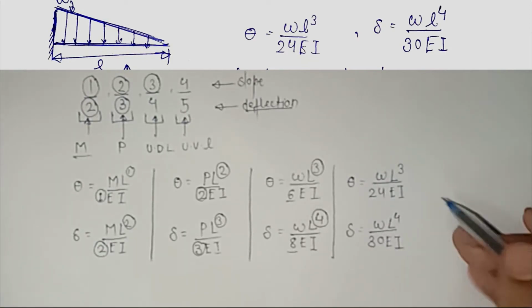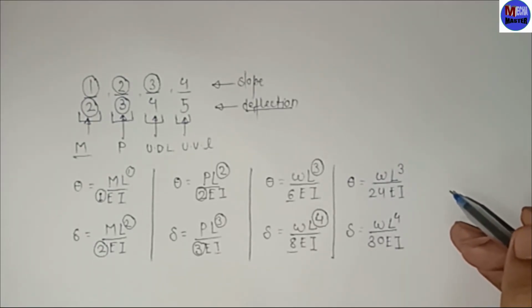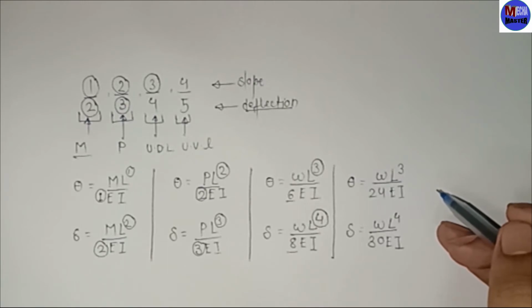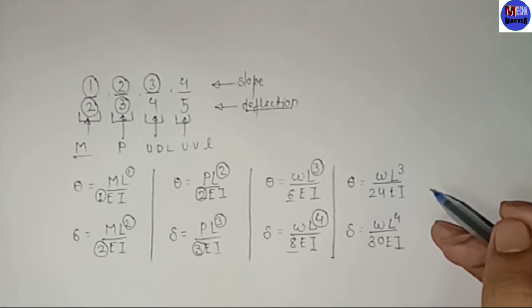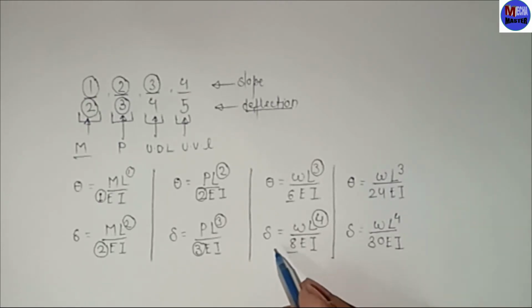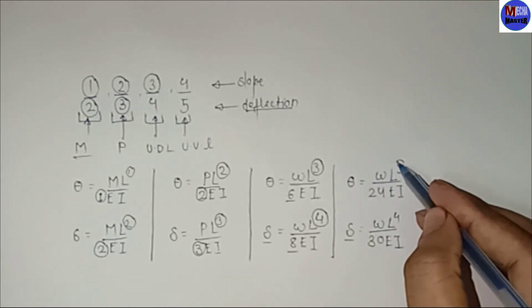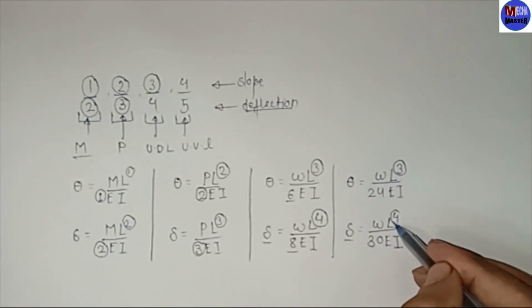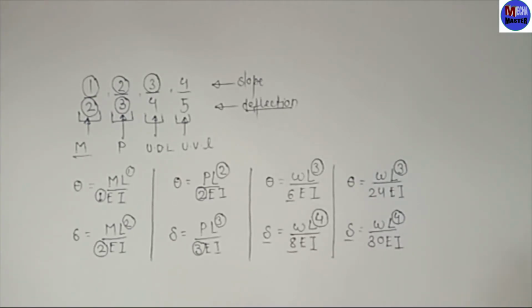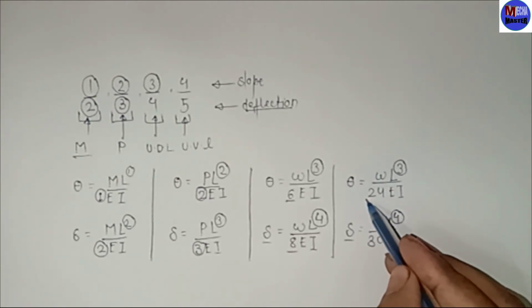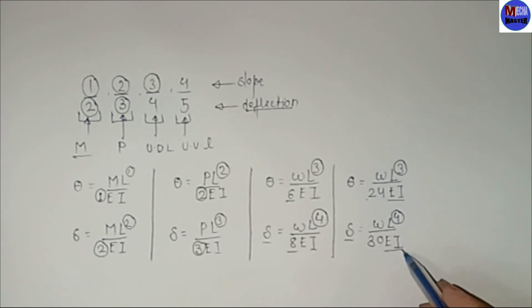Since the maximum power of L is 3 in the case of slope and maximum power of L is 4 in the case of deflection, so we can't change it. We can change the coefficient of flexural rigidity.